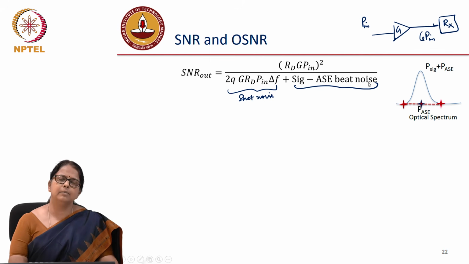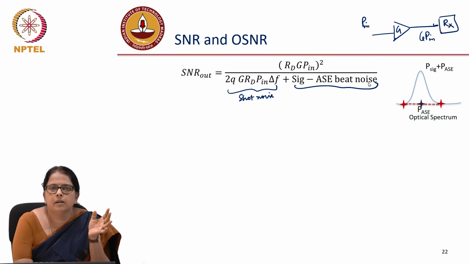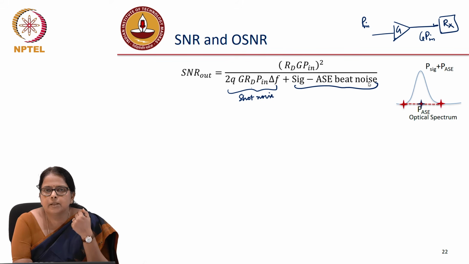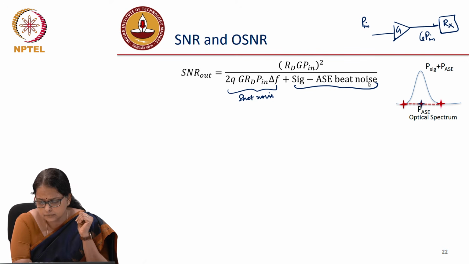We don't think about thermal noise here because once the signal is amplified by the EDFA, we assume that the power output is much larger and so it is operated in the shot noise limited condition. That's why we don't take thermal noise in an EDFA operated system. So 2qG R_D P_in delta f is the shot noise, and the signal-ASE beat noise is the noise introduced by the EDFA.